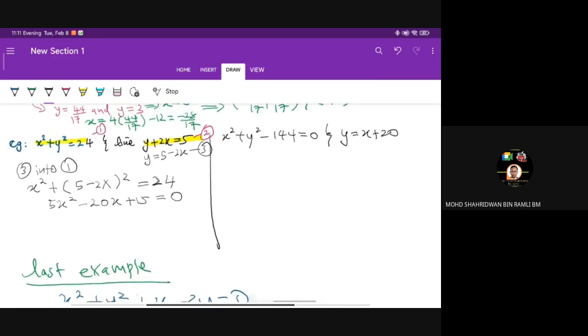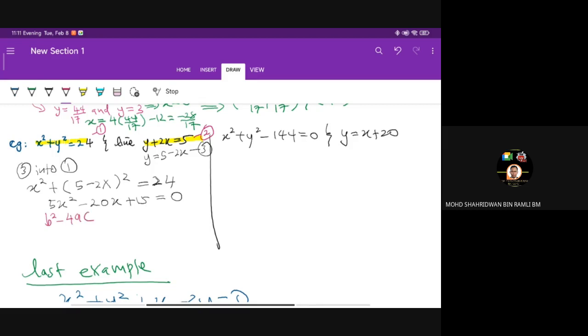Next, we want to check whether this discriminant is greater than, equal to, or less than 0, because we want to draw a conclusion whether this circle and line intersect each other at 2 points, at 1 point, or do not intersect each other. So we substitute into this discriminant.